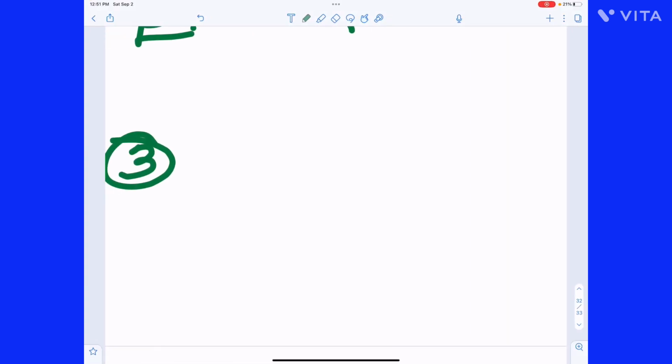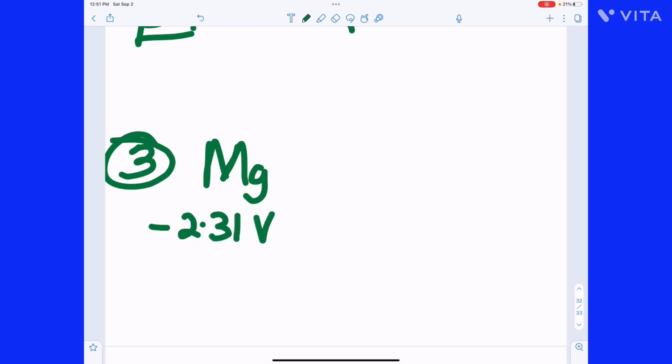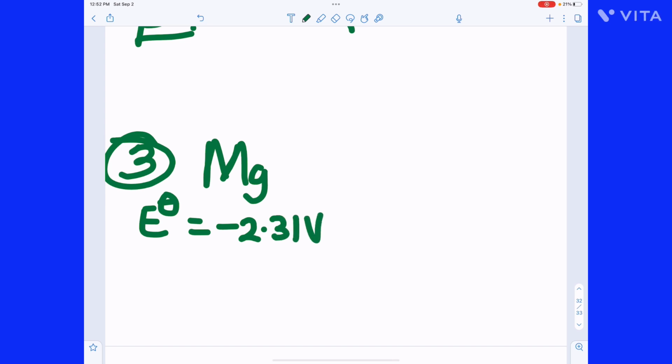Standard electrode potential of magnesium is minus 2.31 volts. Standard electrode potential of tin is what? Plus 0.13 volts.